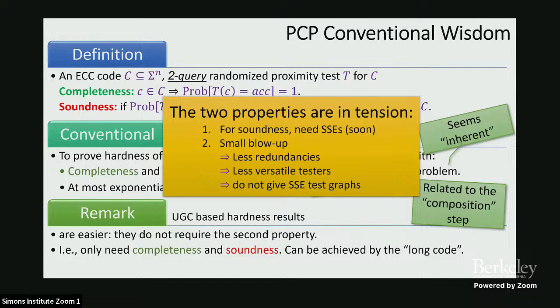So there is a delicate tension here between wanting the test graph to be a small set expander, but wanting it to be cheap with the blow up. And this is where this conventional wisdom is going to eventually break. We're going to have to give up on one of these. But I'm getting ahead of myself.